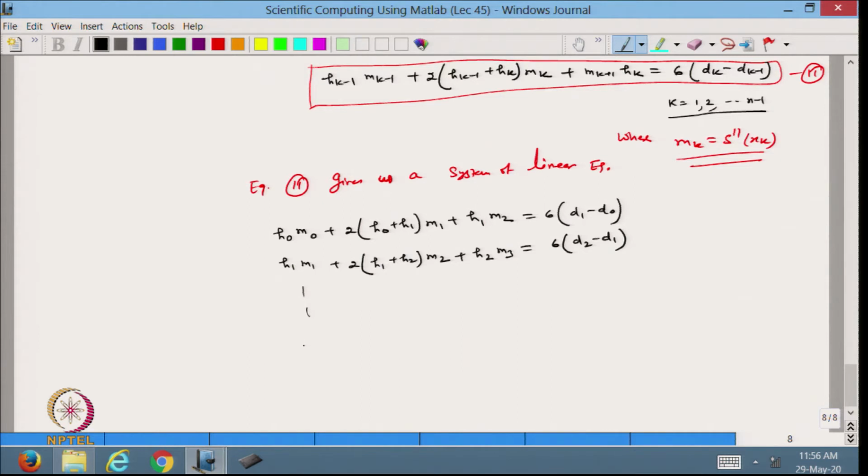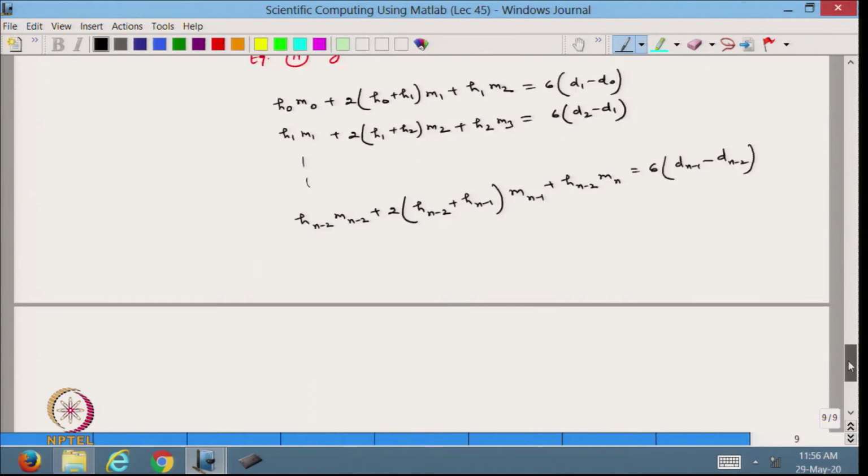So, in the end, for n minus 1, I will get h(n-2) m(n-2) plus 2 times (h(n-2) plus h(n-1)) m(n-1) plus h(n-1) m(n), that should be equal to 6 times (d(n-1) minus d(n-2)).